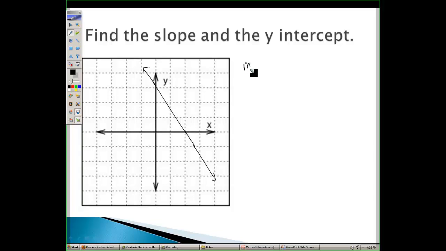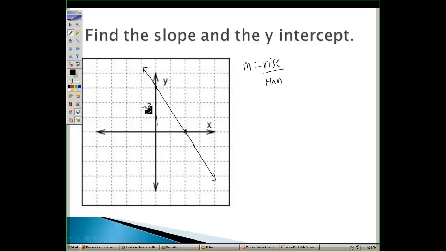Just like what we just did, we now know that the slope is also equal to the rise over the run. So without doing any algebra, we can find 2 points. I'll just pick this one and this one. And I can figure out how much it rose from the first point to the second point. I always read my graphs from left to right. If I'm going from this point down here, I'm going to rise 1, 2, 3.